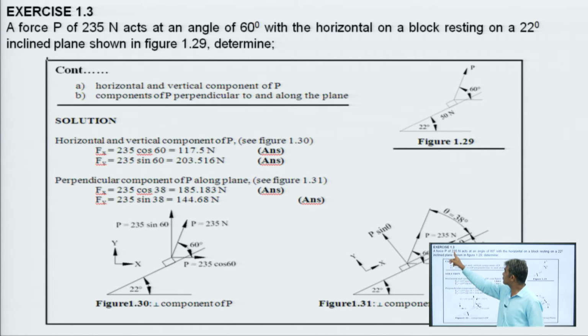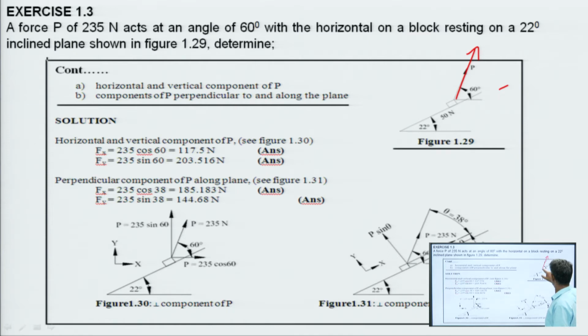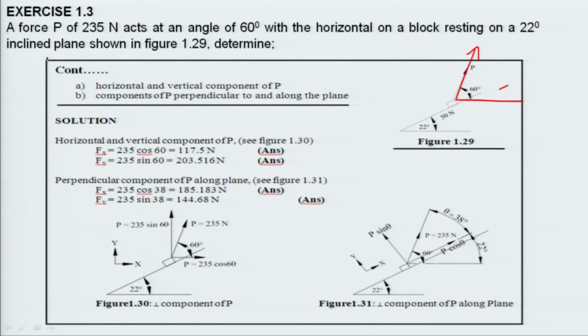A force P of 235 Newton acts at an angle of 60 degrees with the horizontal on a block resting on a 22 degree inclined plane, as shown in this figure. This angle is 22 degrees, and this is the inclined surface.